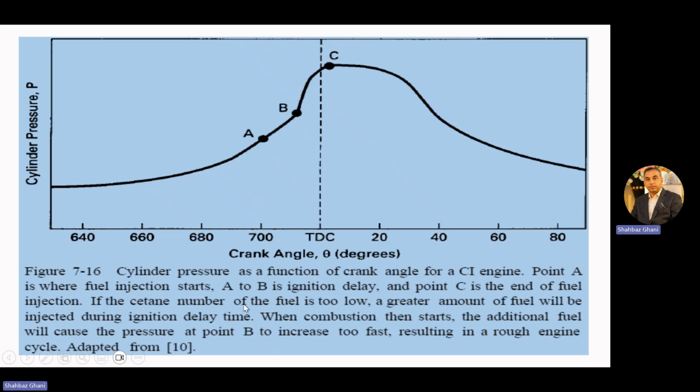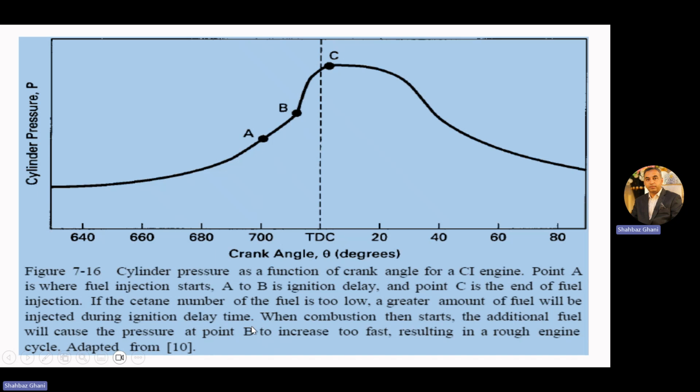If the cetane number of the fuel is too low, a greater amount of fuel will be injected during the ignition delay time. So it depends upon the cetane number also. When combustion then starts, the additional fuel will cause the pressure at point B to increase too fast, resulting in a rough engine cycle.